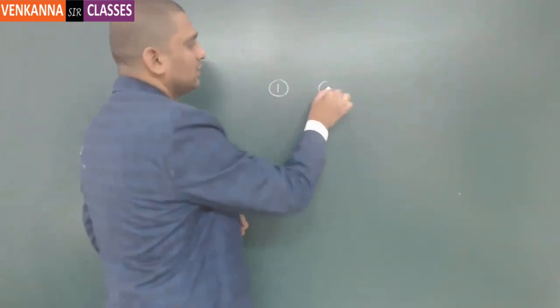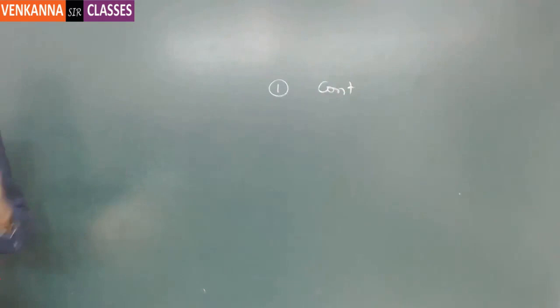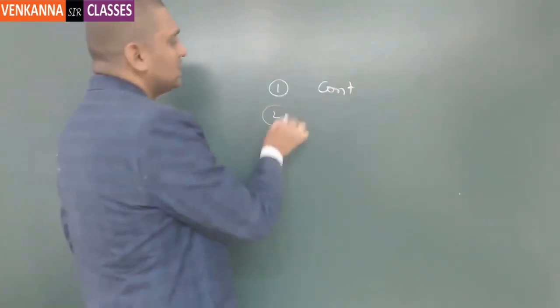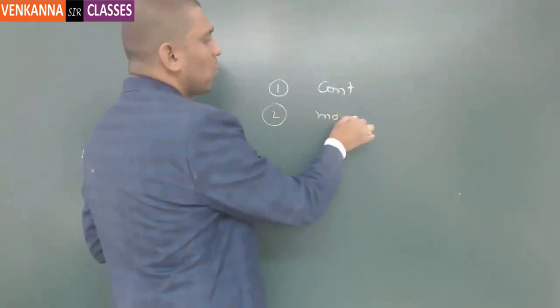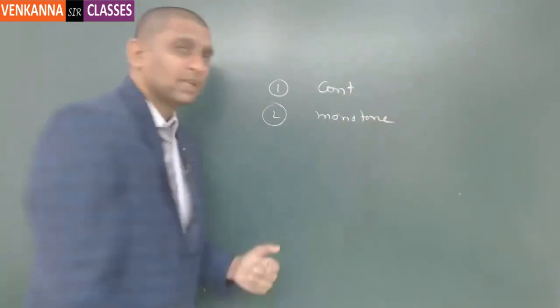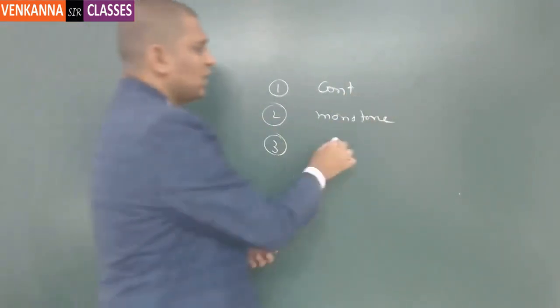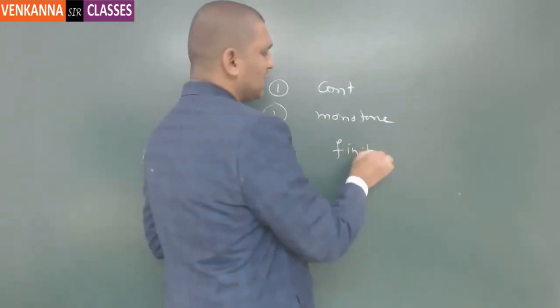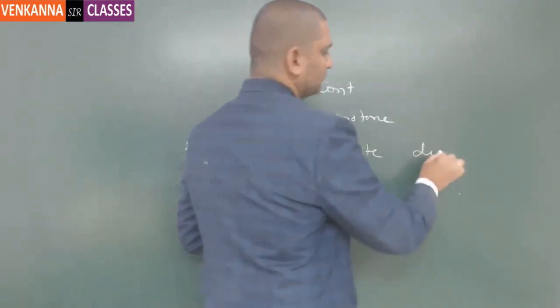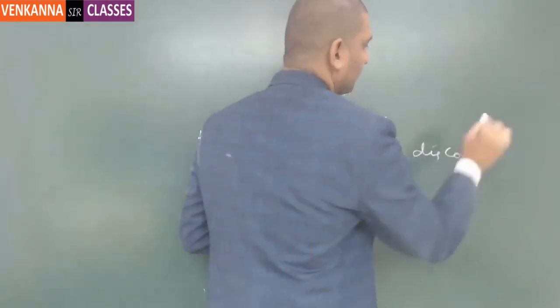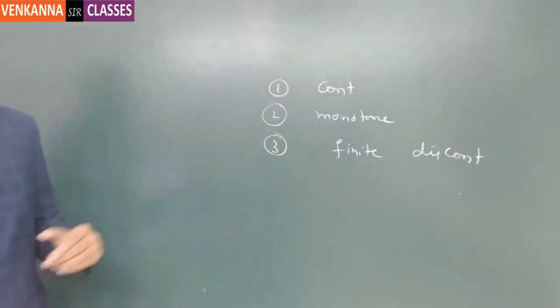Earlier we have taken some points. One point is if the function is continuous, then it is Riemann integrable. Second, if the function is monotone, it is Riemann integrable. Third, if it has finite points of discontinuity, then it is Riemann integrable.